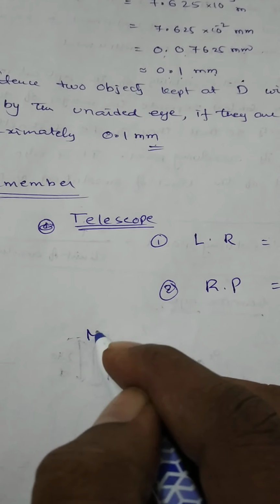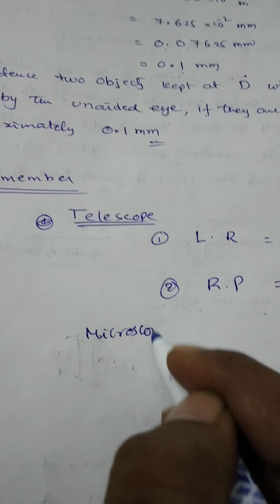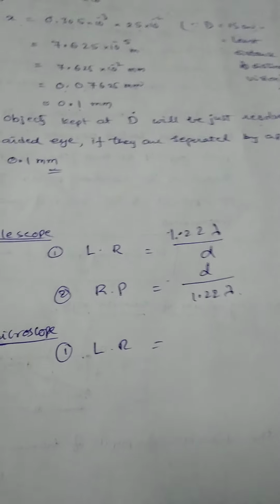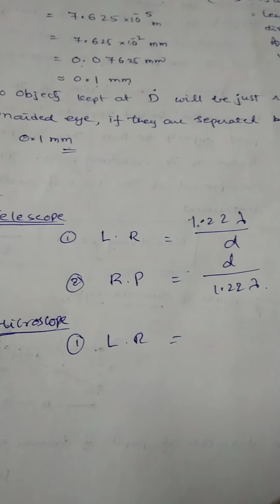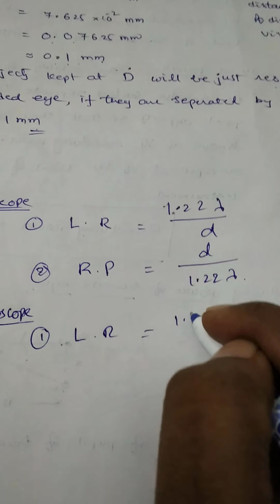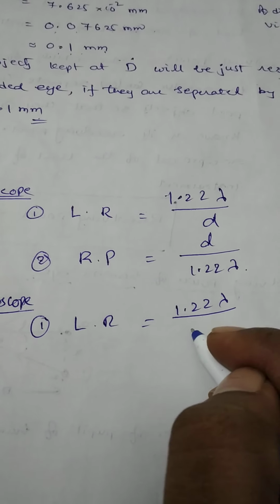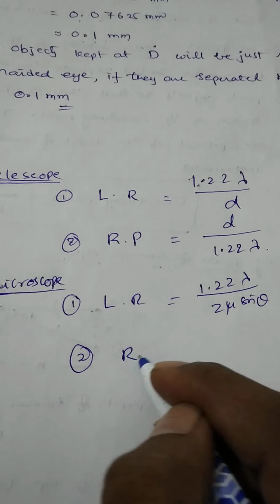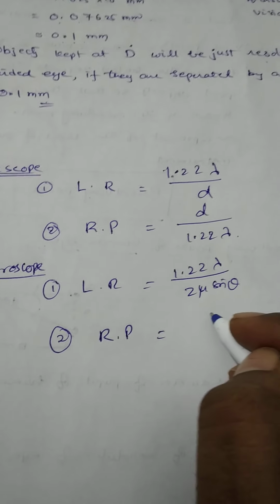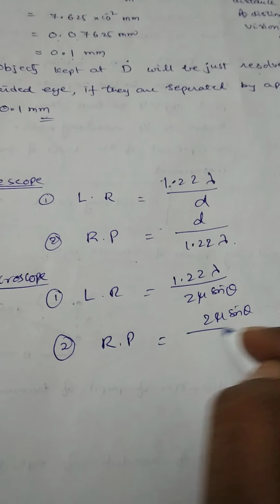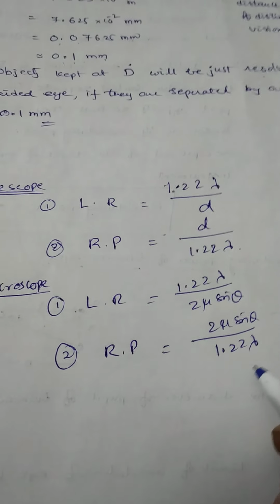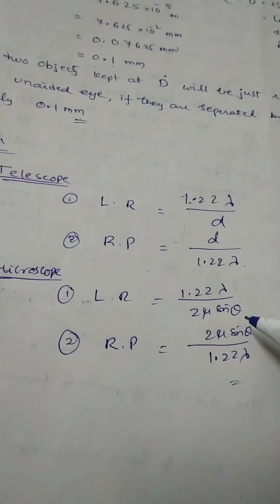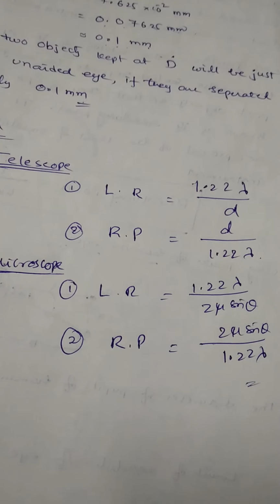Second, for a microscope, the limit of resolution is 1.22 lambda by 2 mu sin theta, and the resolving power of the microscope is 2 mu sin theta by 1.22 lambda. So remember these formulas for solving problems. There is no need of derivations. Thank you.